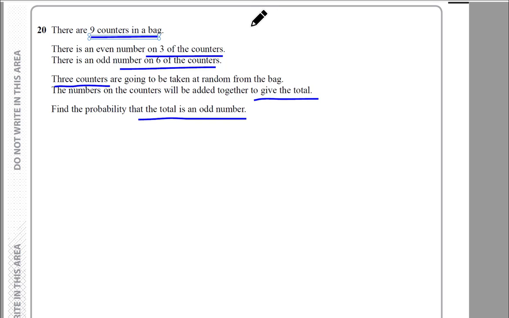So we know odd plus odd plus odd equals odd. Let's just start with odd first and be systematic. Odd plus odd makes even, right? So the only other one with odd is odd.